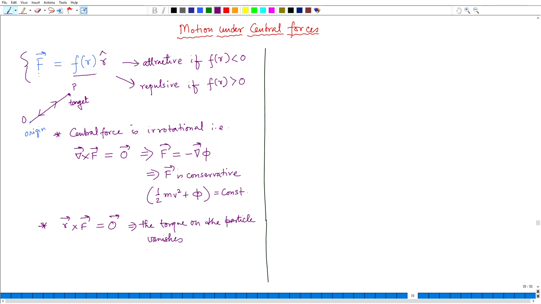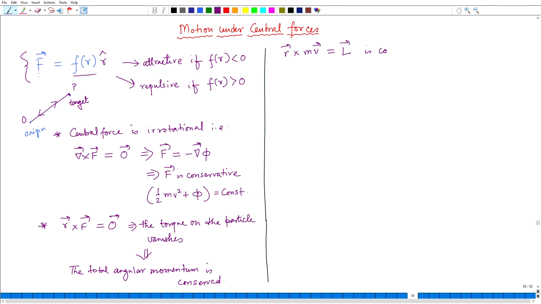And this means that the total angular momentum is conserved. Now, angular momentum is r cross m v. I can call that L, capital L.